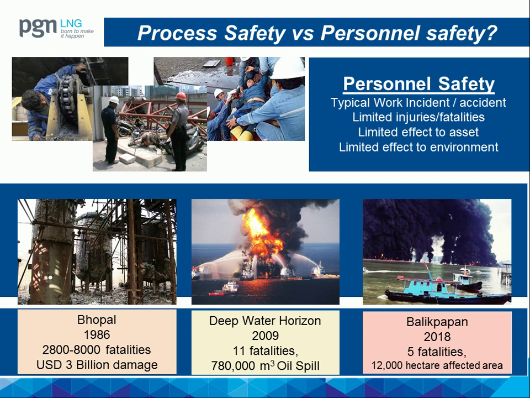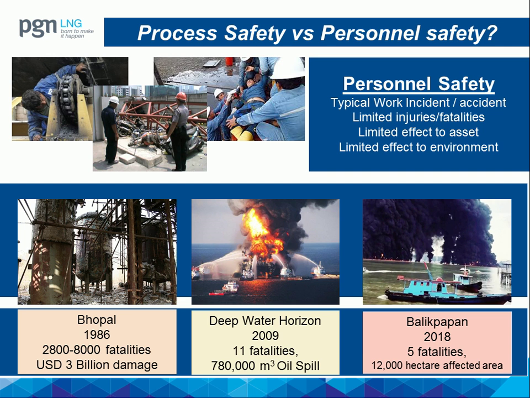So basically in personal safety, the consequences would be limited, while in a process safety incident, normally the consequences are a leak or fire, explosion, or oil spills. I will show you three examples here.